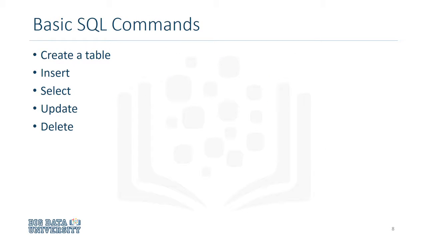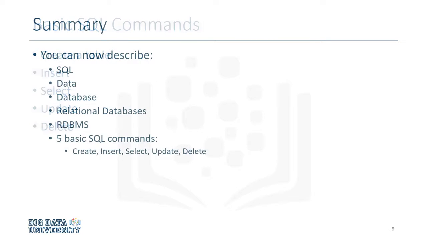For the majority of people using a database, there are 5 simple commands to create a table, insert data to populate the table, select data from the table, update data in the table, and delete data from the table. So those are the building blocks for SQL and Relational Database 101.